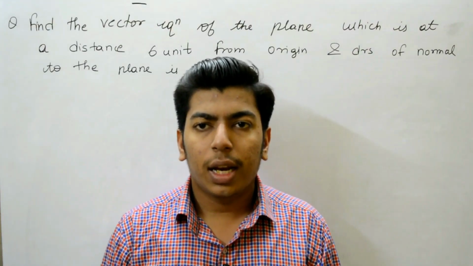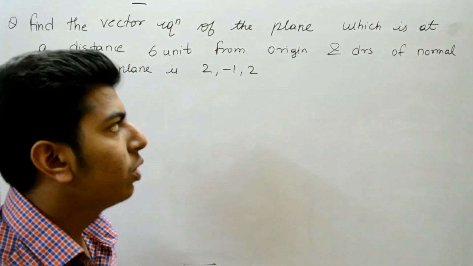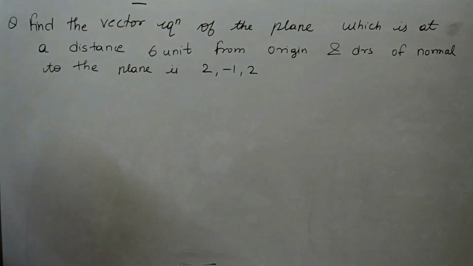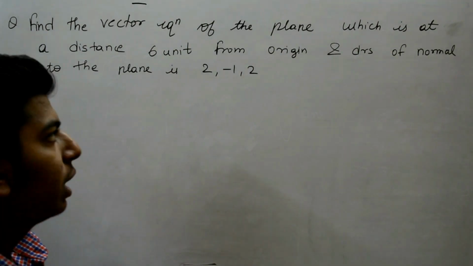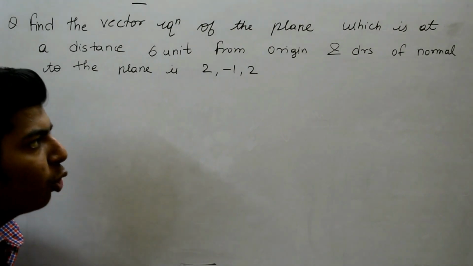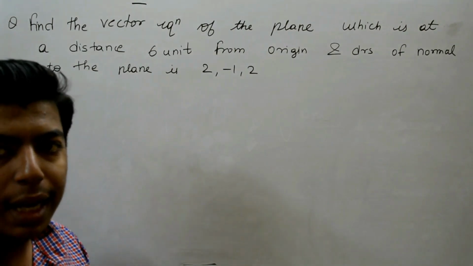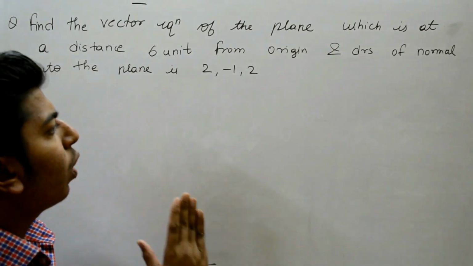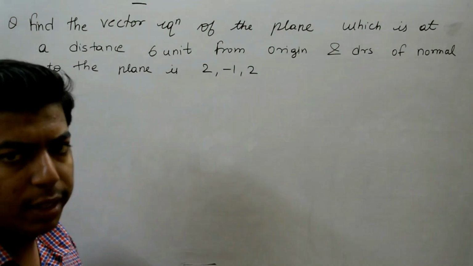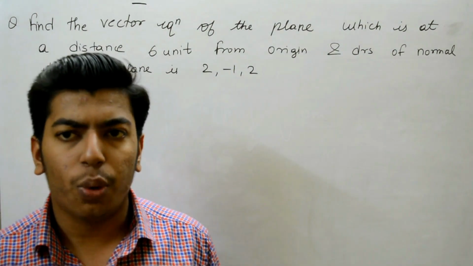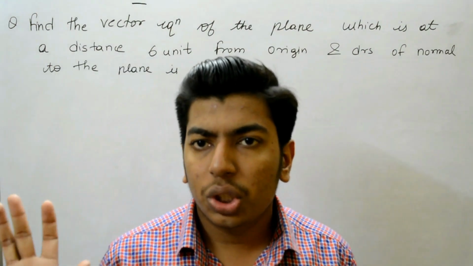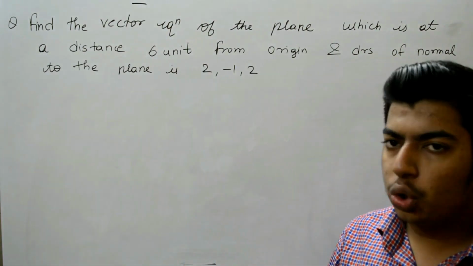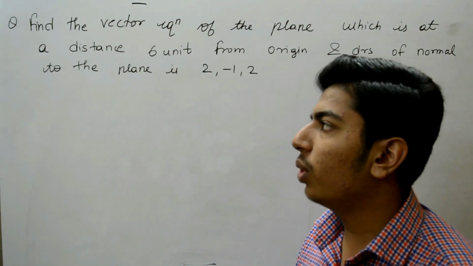So this is our next question. According to this question, find the vector equation of the plane which is at a distance of 6 units from the origin and the direction ratios of the normal to the plane are 2, -1, 2. In this question two quantities are given to us.